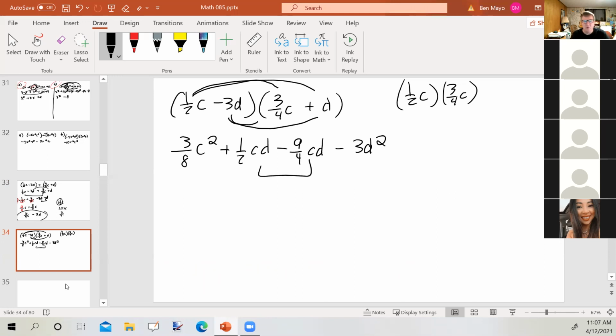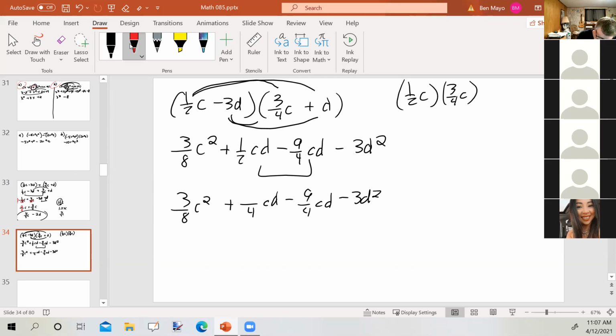Now, the middle two terms are like terms. And again, our least common denominator is a 4. So I'm going to multiply 1/2 by 2/2 to get 2/4. So 1/2 is equal to 2/4.